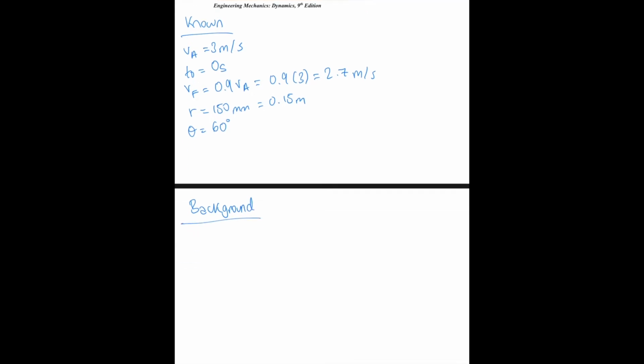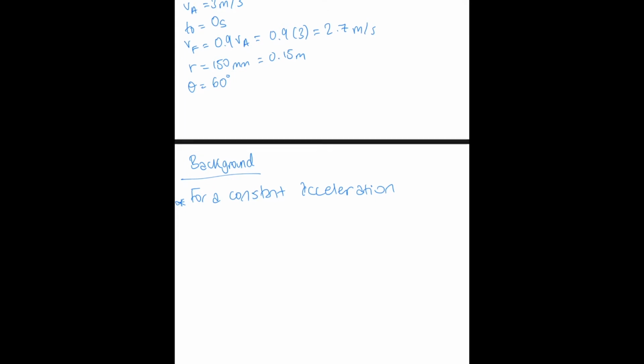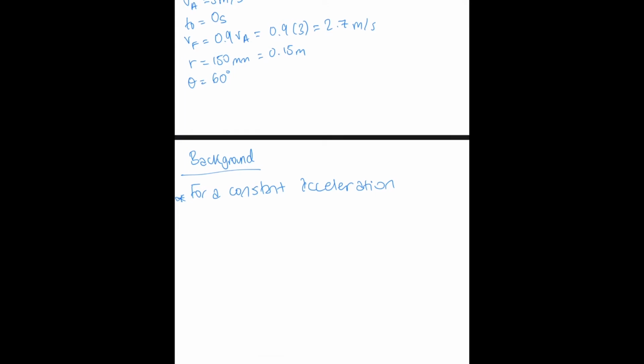So if we want to find the velocity for a constant acceleration, this is very important. The following equations are just going to be for a constant acceleration. If you want to find the velocity, we have here a graph of acceleration versus time.